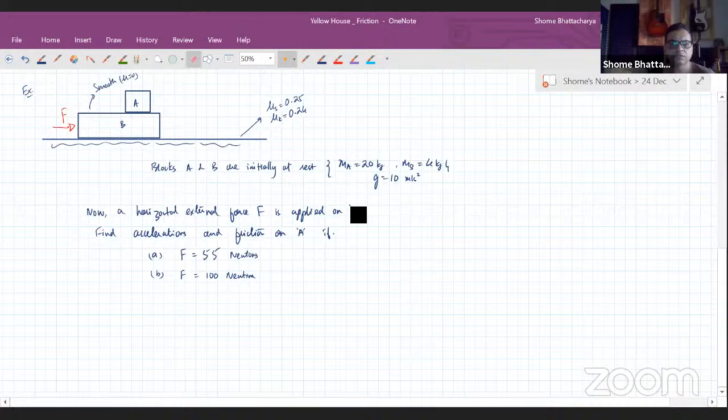It's applied on B. Yeah, the force is applied on B, as shown in the diagram. It's applied on the lower block.